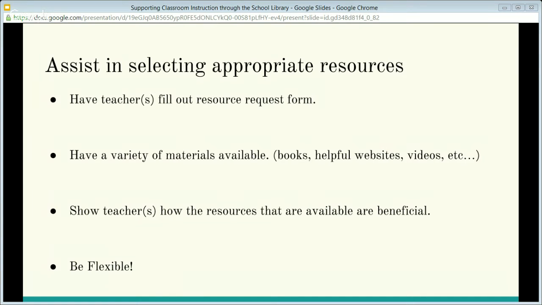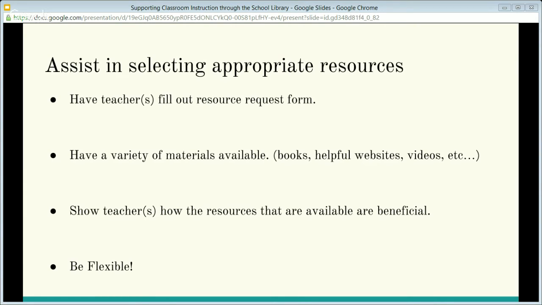Offering videos outside of just VHS. I don't know if anybody else has a VHS player. I know I do, but I'm not talking about VHS or DVDs. Maybe you don't have that, but online has a plethora of resources and videos. So you have YouTube, you have TeacherTube, and being able to pull information and resources from there that you can share with the students and teachers will prove to be very beneficial.